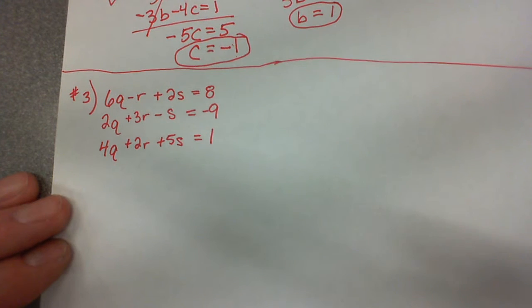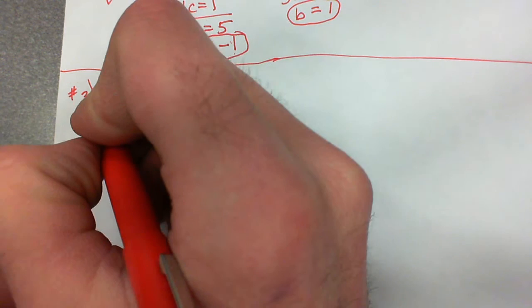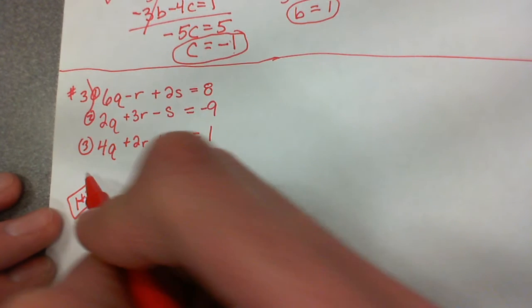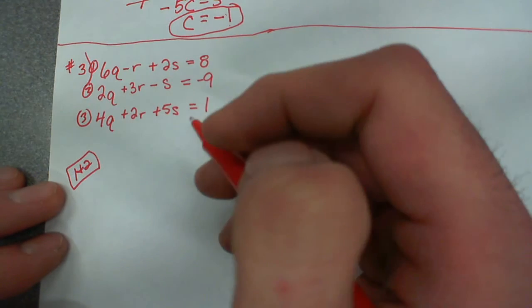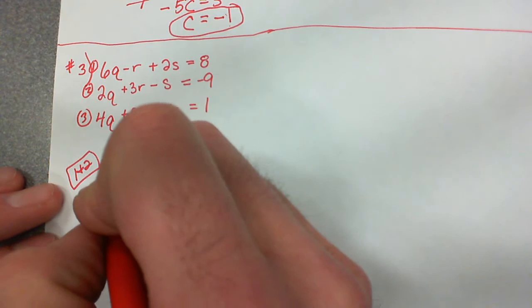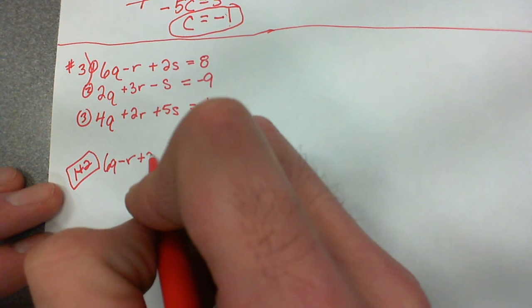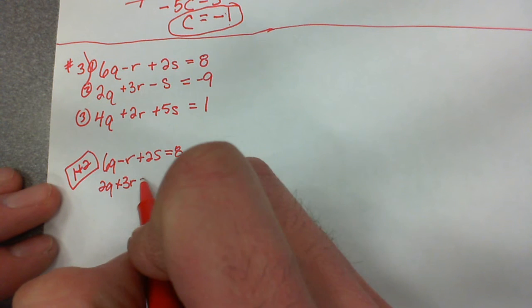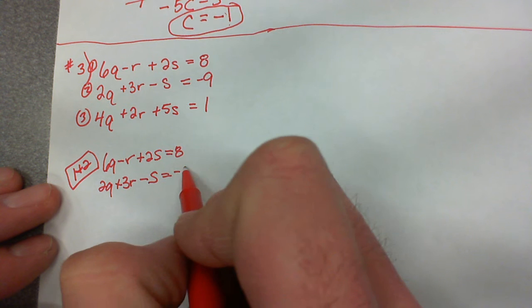Okay. So here's equation 1, equation 2, and equation 3. So let's take 1 and 2, and let's combine those together. And when we combine those together, we need to get rid of the r. So this is 6q minus r plus 2s equals 8, and 2q plus 3r minus s equals negative 9.